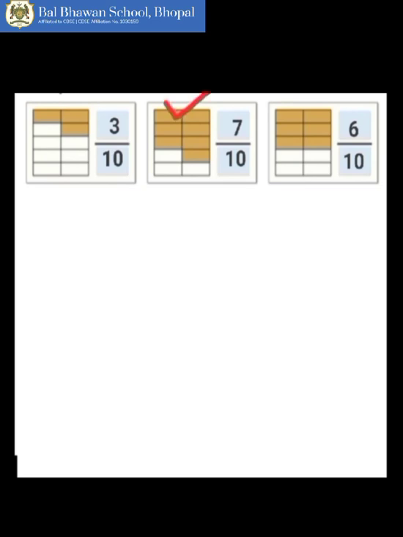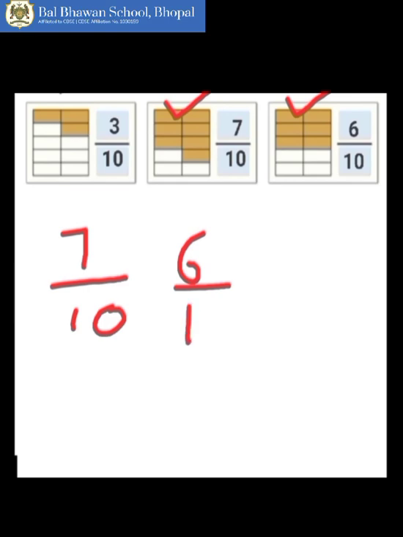So 7 by 10 will come first. Next, which picture has maximum after 7? Yes, the picture with 6 portions shaded will come next. So 6 by 10 fraction will be the next one.